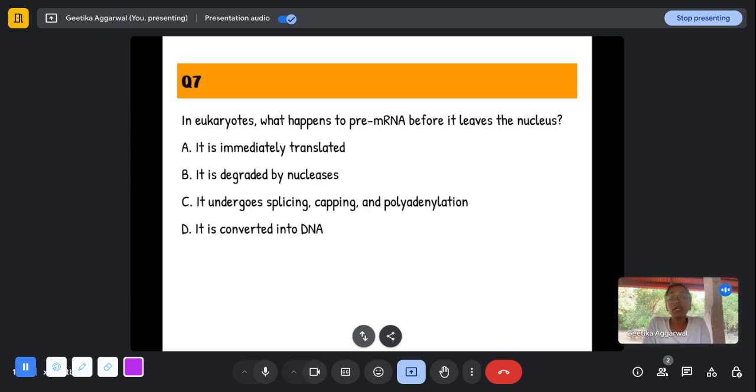Next question. In eukaryotes, what happens to pre-mRNA before it leaves the nucleus? Is it immediately translated? Is it degraded by nucleases? Does it undergo splicing, capping, and polyadenylation? Or is it converted into DNA?